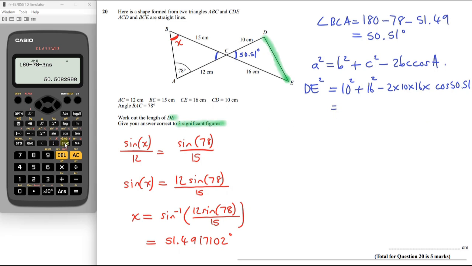So let's put all of this into the calculator. Actually, to be a bit more precise, I'm going to use the answer in my calculation. So we've got 10 squared plus 16 squared minus 2 times 10 times 16 times the cosine of previous answer, because that was saved, and press equals, and we get 152.49.